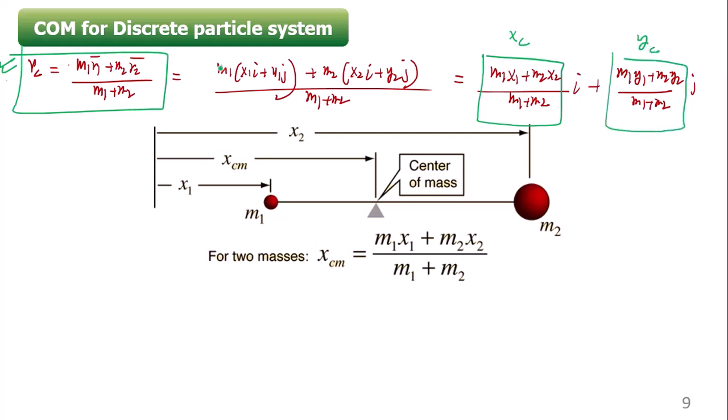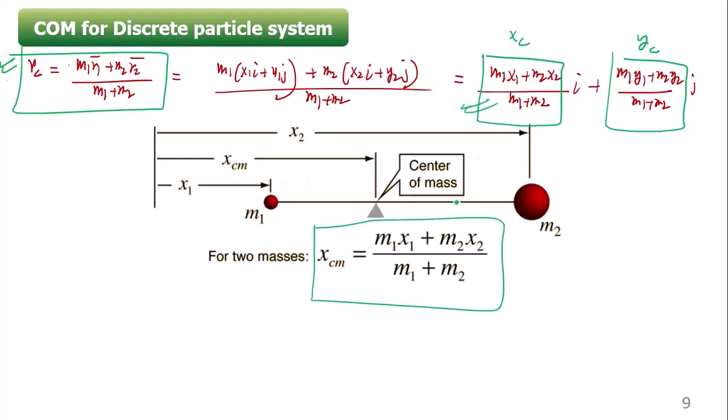If there are more than 2 particles, we can expand this by M1 X1 plus M2 X2 plus M3 X3 and so on, and in the denominator M1 plus M2 plus M3 and so on. In general, for any n particle system, this is the calculation to find the X location and the Y location of the system. For a two particle system, I can write XCOM as this number, because this is the formula.